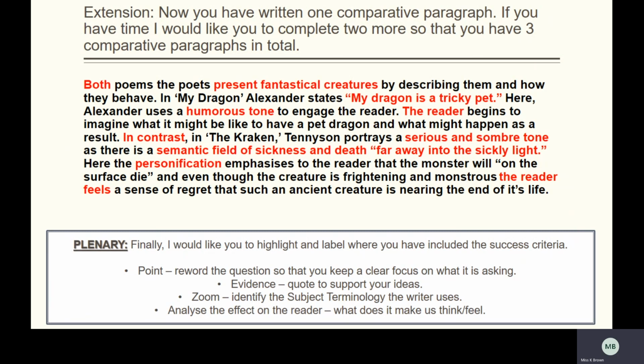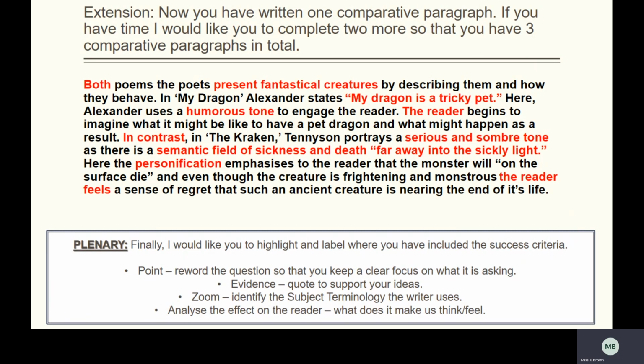It is really good practice to think of more than one thing to compare, which you've already done in your comparison grid. So if you have time and you really want to get ahead, I would suggest writing 3 comparative paragraphs in total. You've already done 1, so 2 more to go.